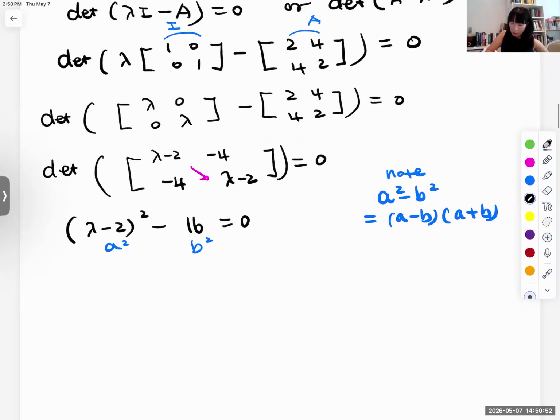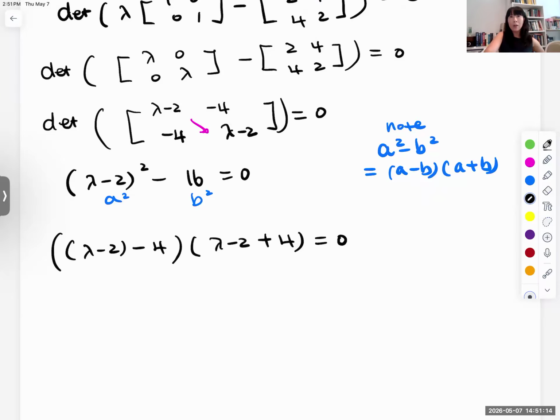That a will be lambda minus 2, minus b, 4, right? So there is 1 and a plus b, so lambda minus 2 plus 4 equal to 0, right?